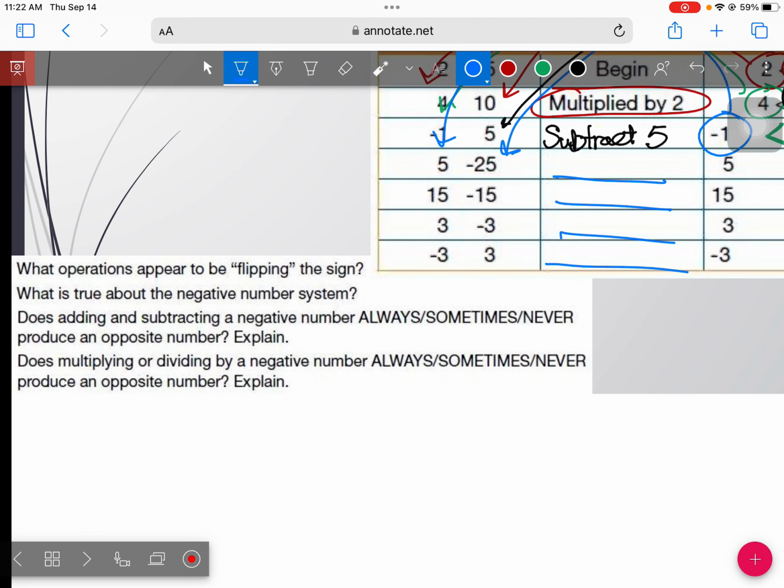Then also try to answer the questions at the bottom. Which operations appear to be flipping? What's true about negative numbers? And answer those questions at the bottom. So see if you can finish that in the next 5-ish minutes, okay, while I take attendance. Ready, set, go.